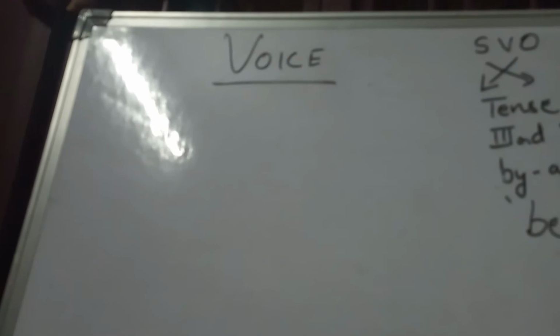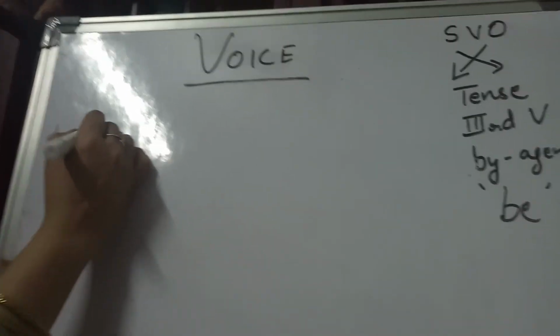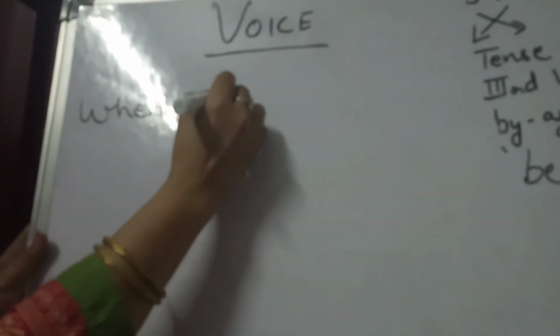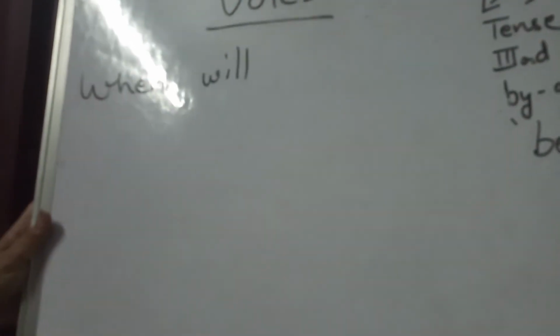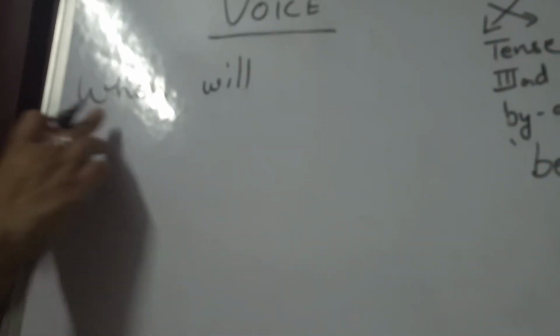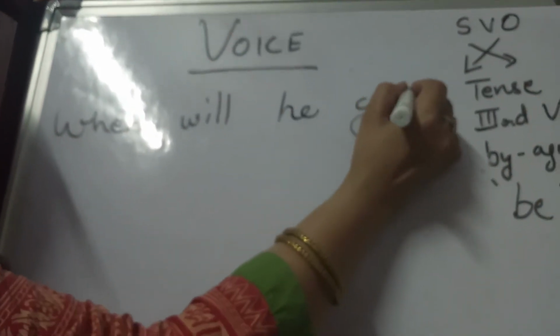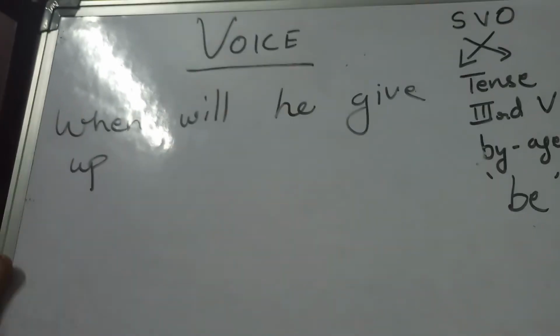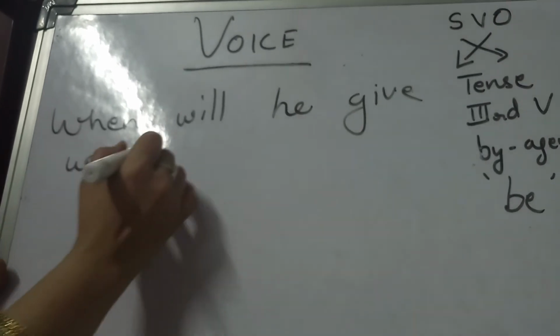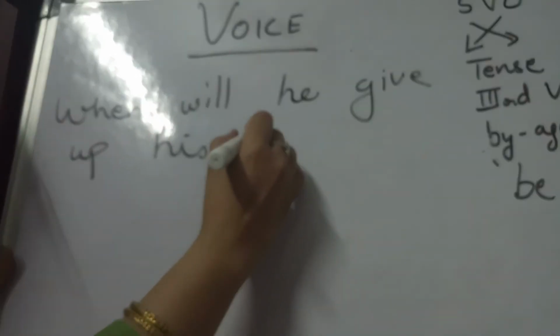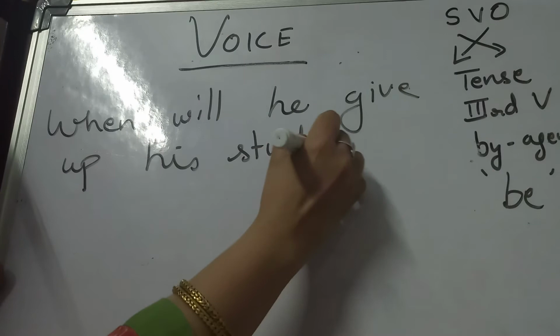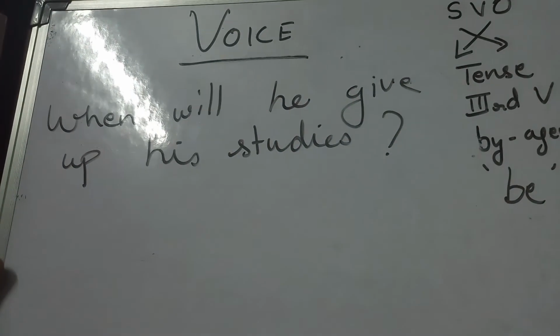Now the next sentence that we will take will be a question. Keep in mind we are doing future. Will and shall show you the future. When will he give up his studies? Question mark.